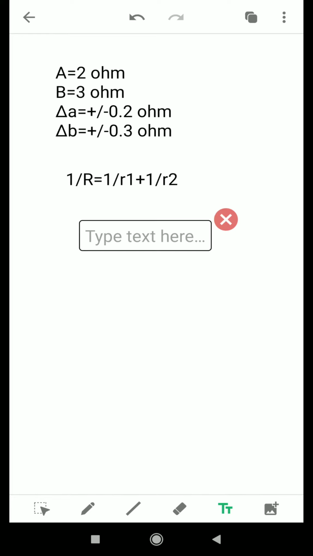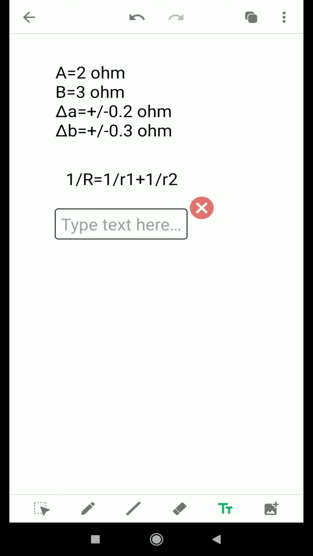If you differentiate it, you will get minus 1 by R square into dR, equal to minus dR1 by R1 square minus dR2 by R2 square.